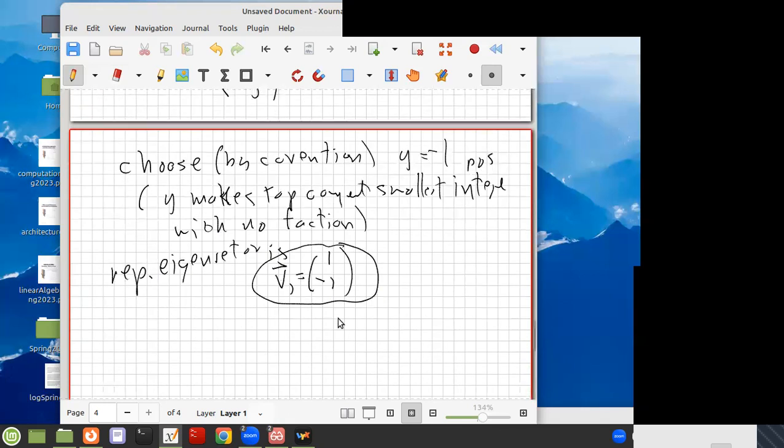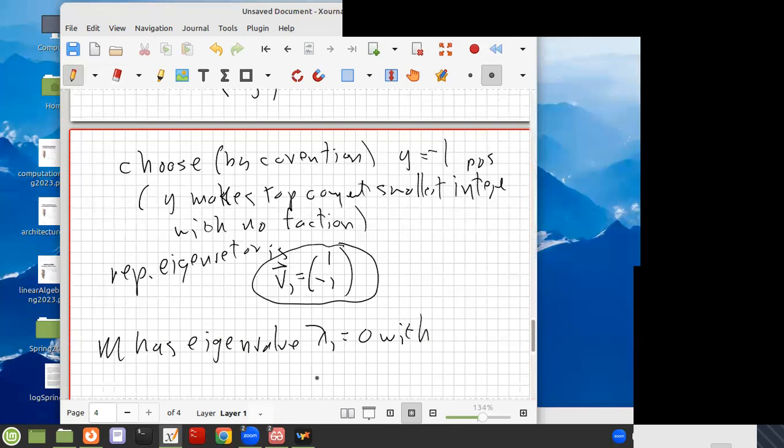So we'd report that M has eigenvalue lambda 1 equals 0 with eigenvector V1 equals (1, minus 1).